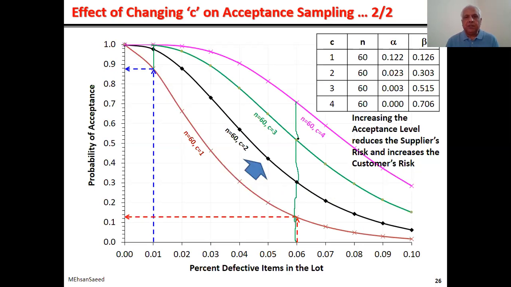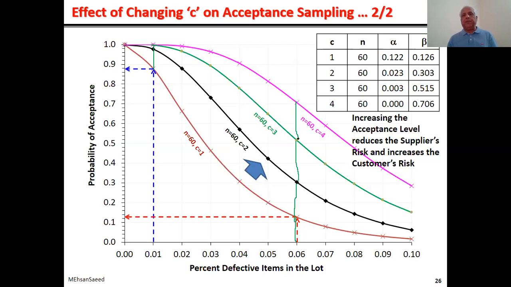So what do we conclude? That if we keep the acceptance level, it is to the advantage of the seller and it is to the disadvantage of the buyer, rather gross disadvantage to the buyer.